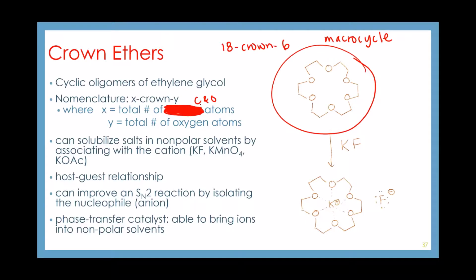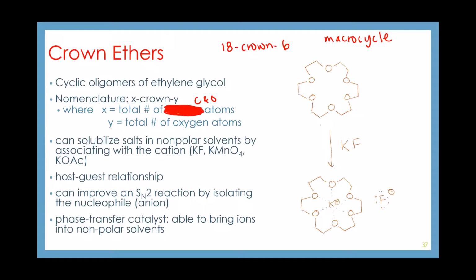So a host-guest relationship means that you have something that's larger and something smaller can fit inside. So you have a host molecule, such as the crown ether, and you have a guest molecule, such as a potassium ion. Now, these are really useful because you can solubilize salts in nonpolar solvents.